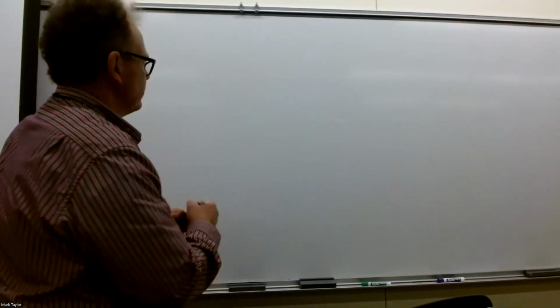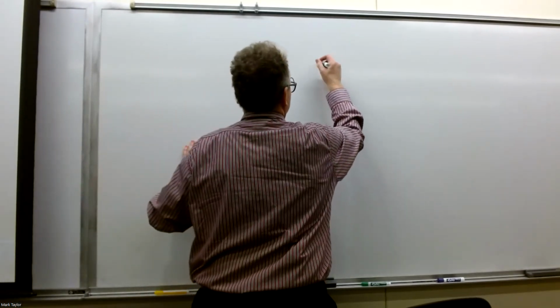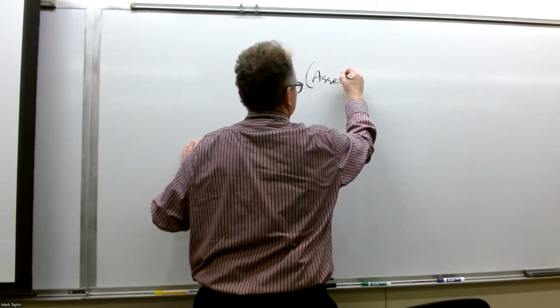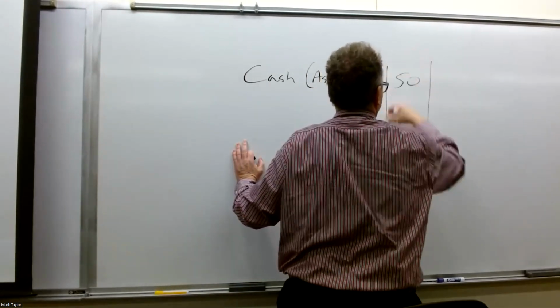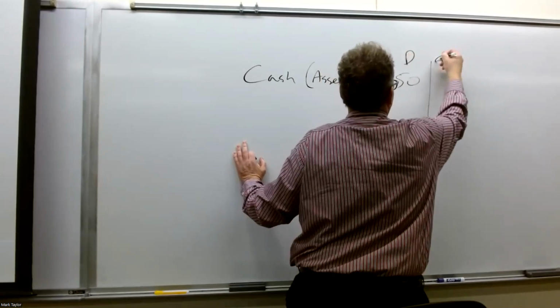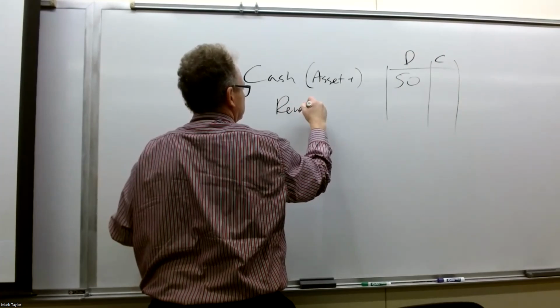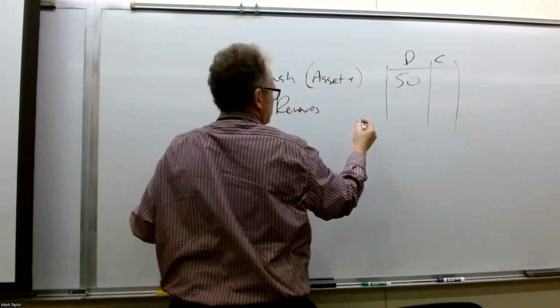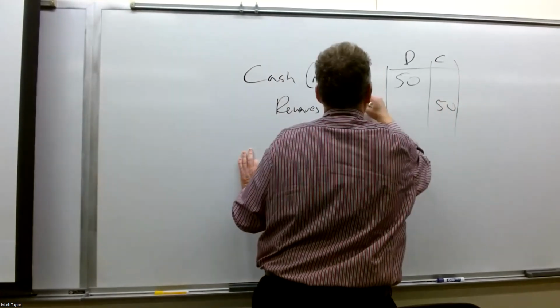So our cash would go up, asset up $50. And then we would have revenues, and revenues would also be going up $50.